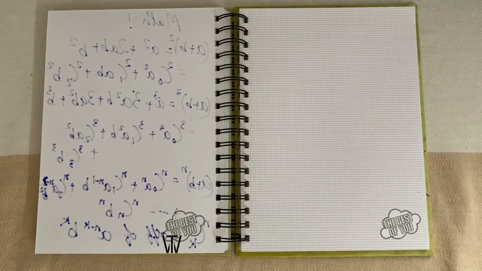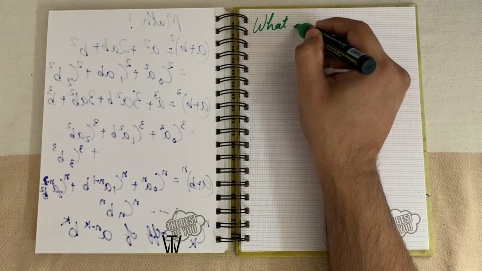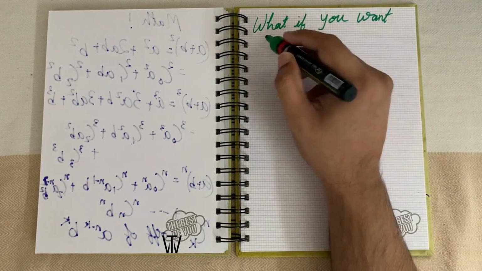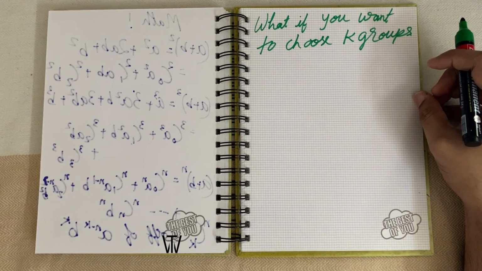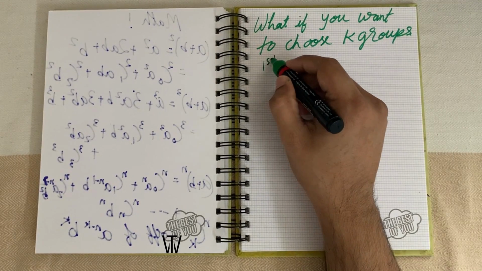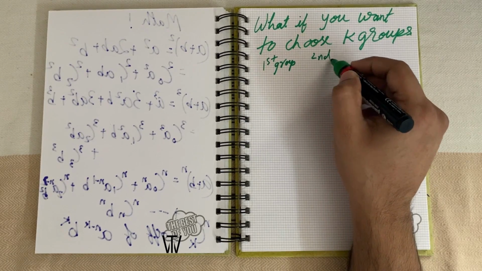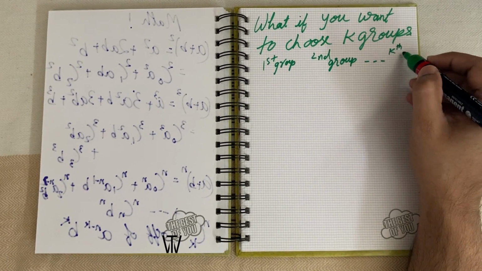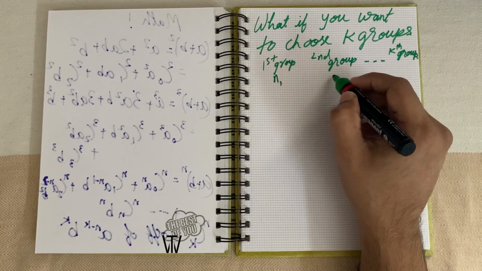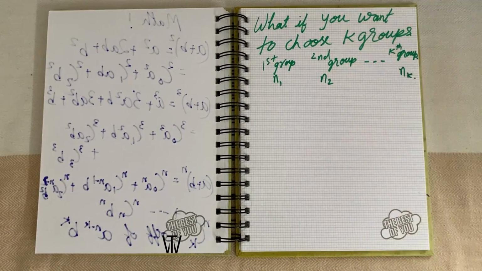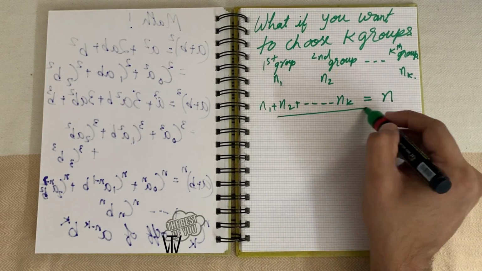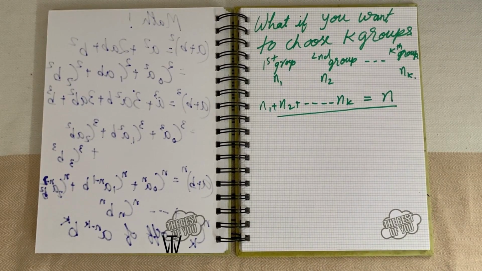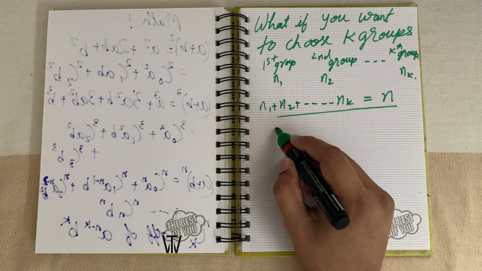Now, what if you want to choose k groups such that each group has a different number of members, and by the end of it all the n people have been chosen. So let's say the first group has n1 members, second group has n2 members, and so on and so forth till the kth group has nk members. But the condition is n1 plus n2 plus n3 plus so on plus nk equals n. So in how many ways can you do this?